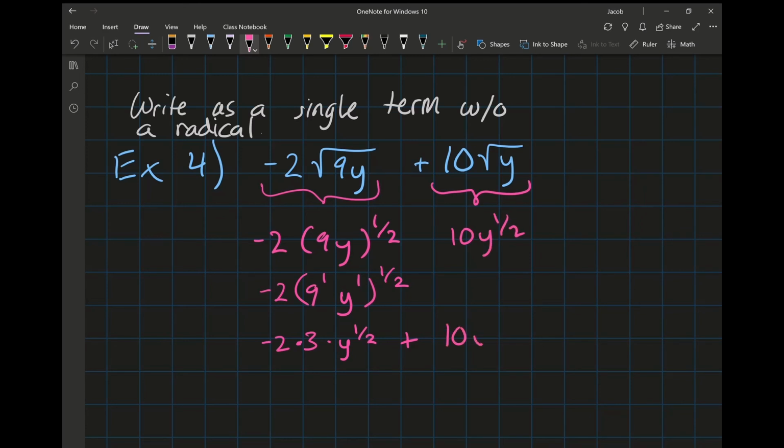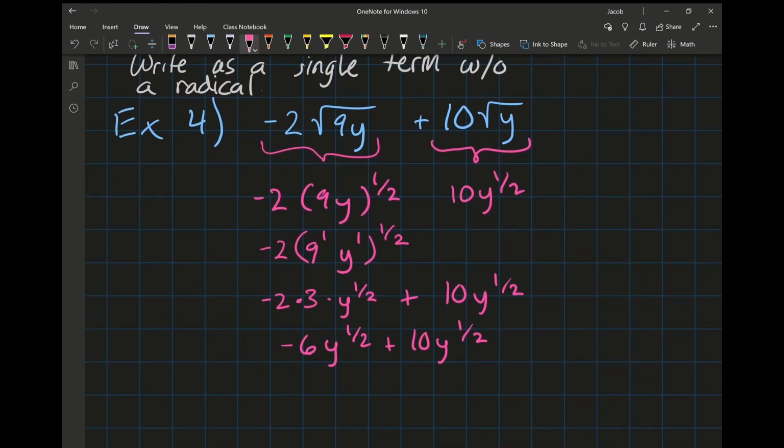And now that I know my bases are the same, like I have the same variable, I can combine like terms, because that's how combine like terms work. You have to have the same base and the same exponent. This will be -6y to the 1/2 plus 10y to the 1/2. And we'll end up with 4y to the 1/2, just by adding those coefficients together.